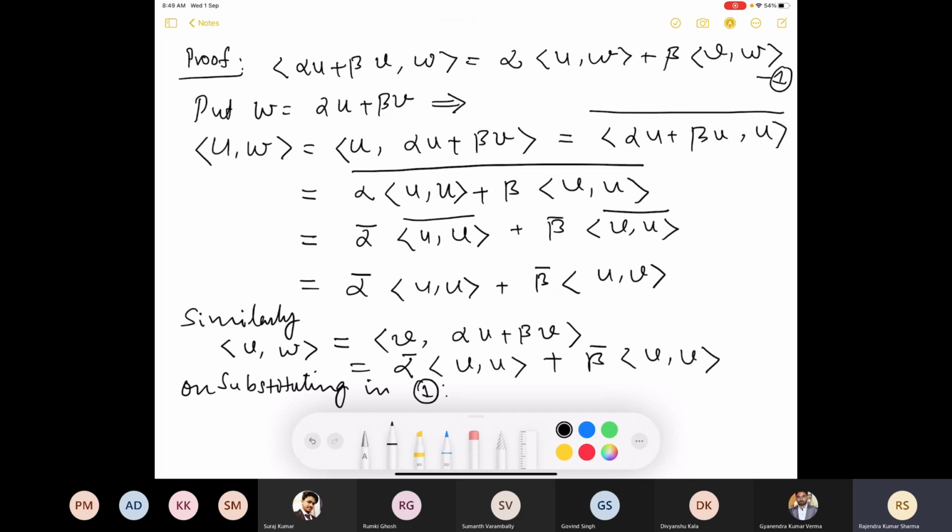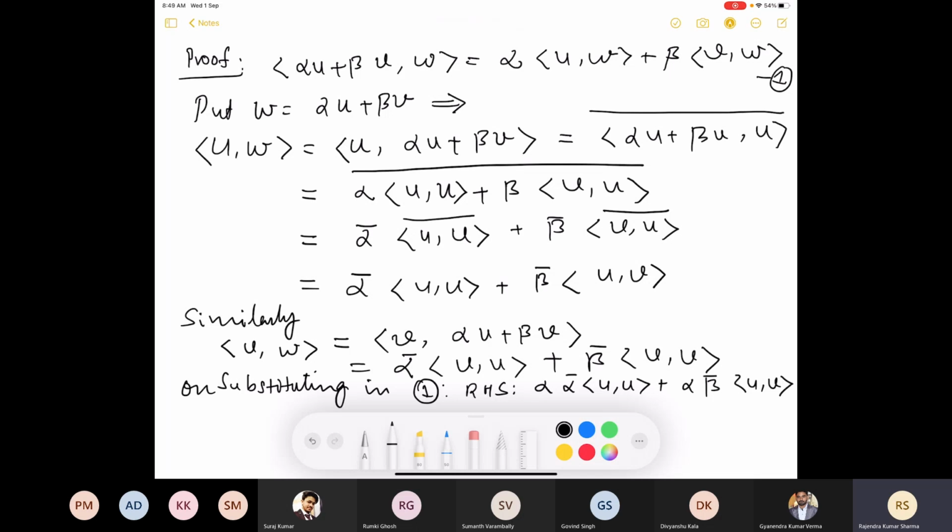So this is alpha alpha bar u comma u plus alpha beta bar u comma v. So the right hand side of this becomes, so alpha outside and then this term, alpha alpha bar u comma u plus alpha beta bar u comma v. This is when you substitute for u comma w.